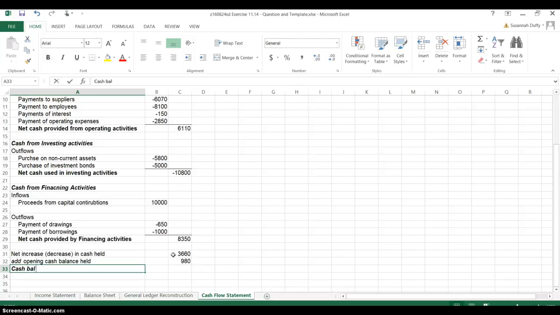So cash balance at the end of the period is simply just the sum of those two figures. Sum.